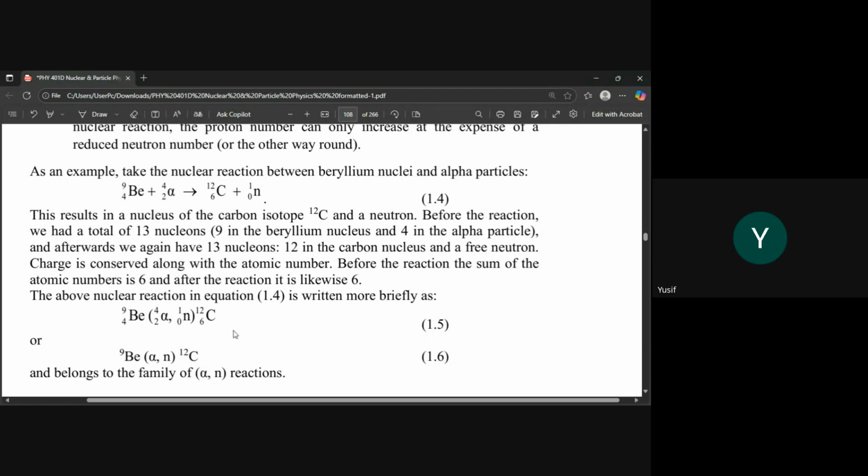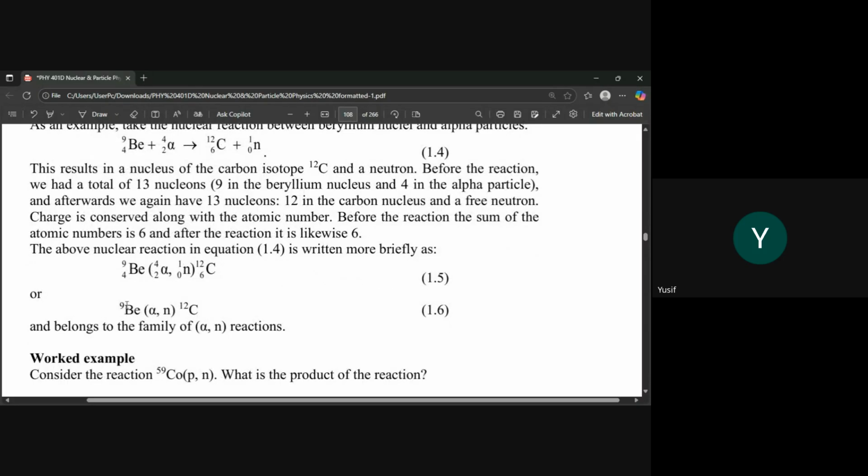You are welcome. In some cases you can eliminate the atomic number and write it in this form. But it's always appropriate to write it showing the atomic number and the mass number, in the reaction or in the shorthand form, rather than writing it this way.